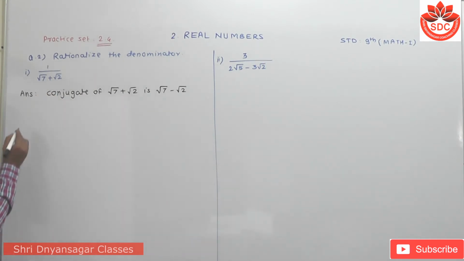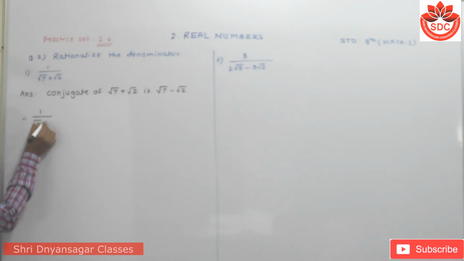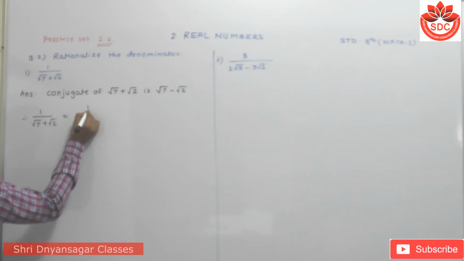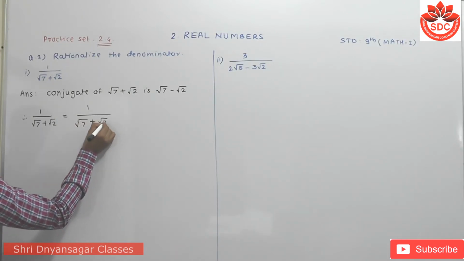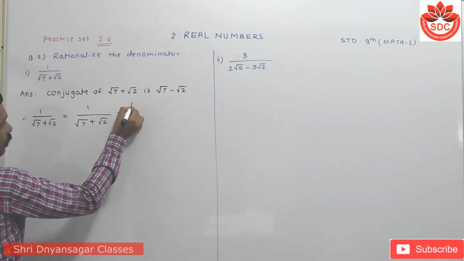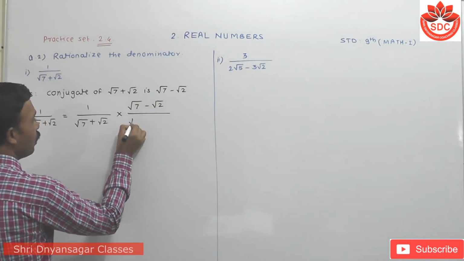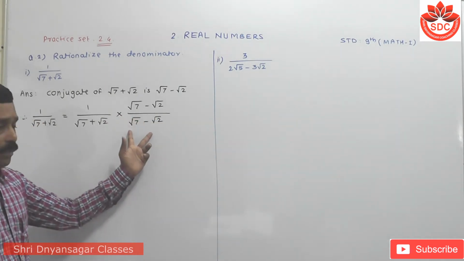Therefore, 1 upon root 7 plus root 2 is equal to 1 upon root 7 plus root 2 into multiply its conjugate upon root 7 minus root 2. Meaning that this is the same.